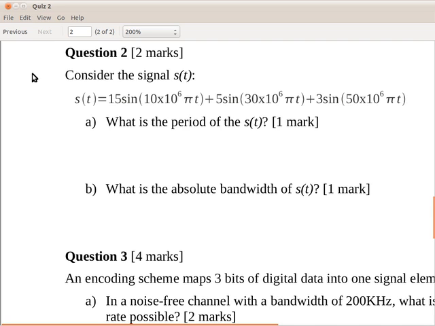Who's got an answer to either of the parts? Period or absolute bandwidth of this signal? Have an answer? Part B? What's your answer? 12 megahertz? What is it? 20 megahertz. Absolute bandwidth is 20 megahertz.